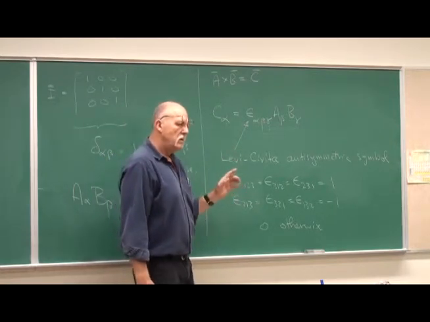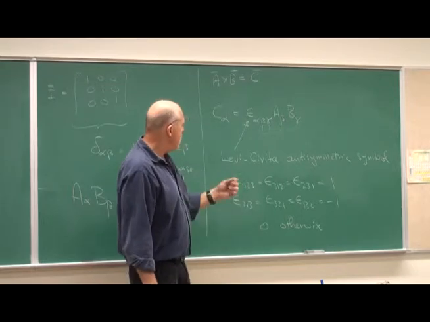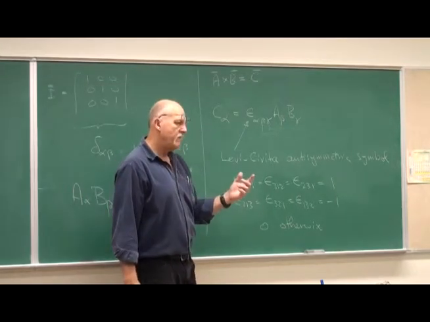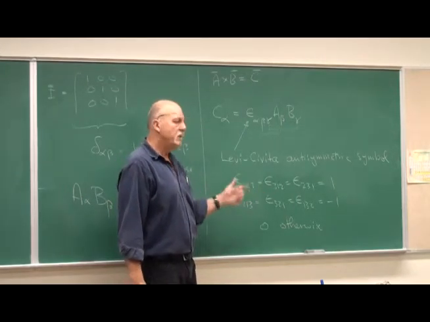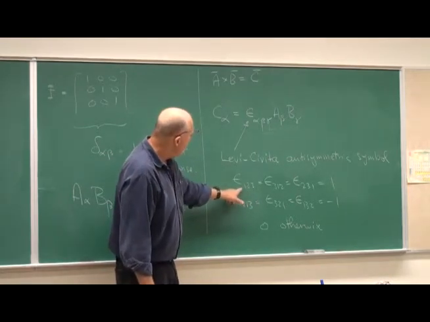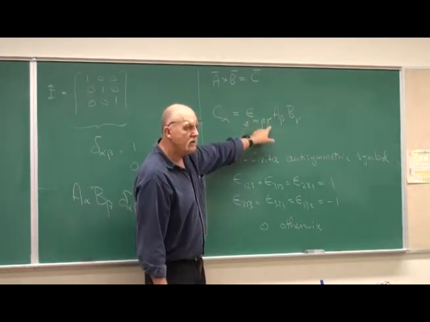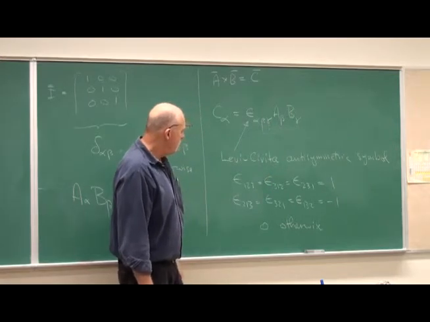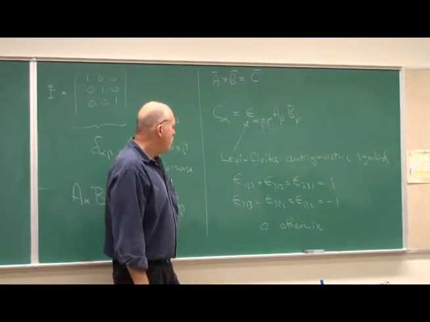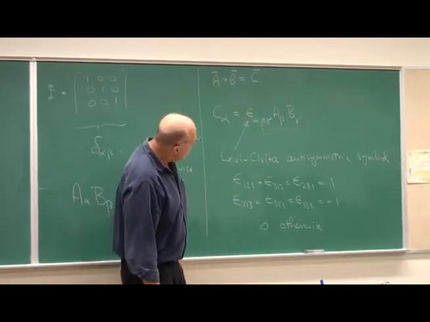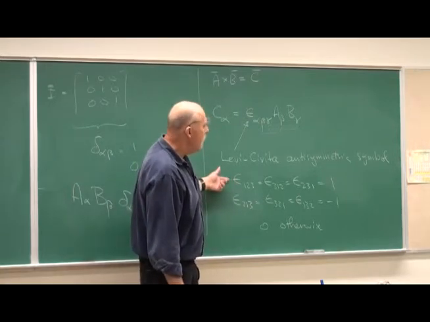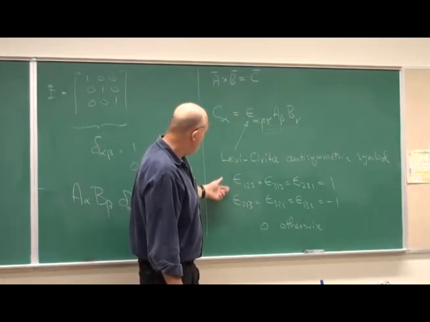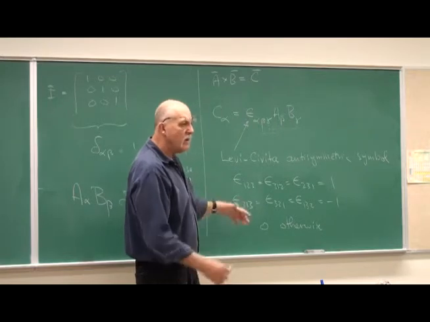So a third rank tensor in free space would have 27 elements, right? Because I can do 3 things in here, 3 things in here, 3 things in here. But of those 27, 3 are equal to 1, 3 are equal to minus 1, and all the others are 0.